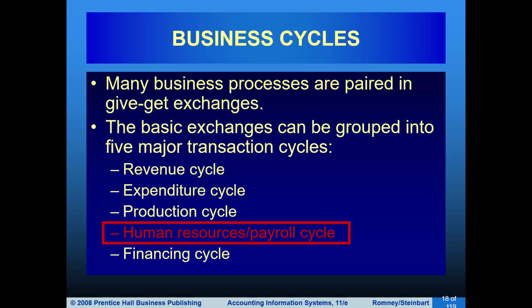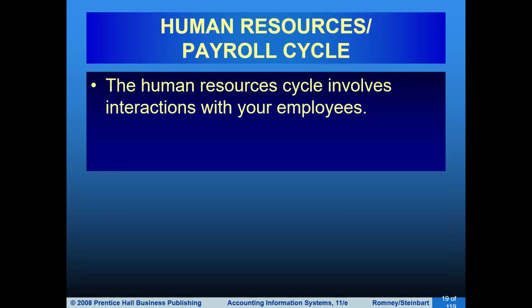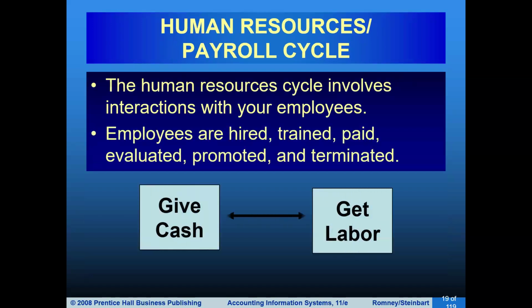In the expenditure cycle, you interact with the vendors and purchasing people. And in the human resource cycle, you interact with your employees. Employees are hired, trained, paid, evaluated, promoted, and sometimes you have to terminate them. What is the give-get relationship in the payroll or human resource cycle? We give cash, we get labor or effort.